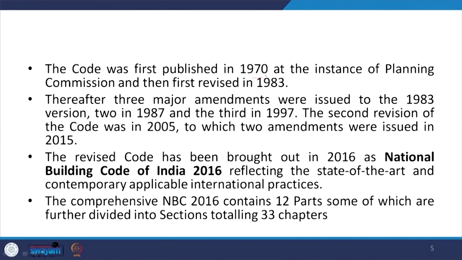Prior to this, when the National Building Code was first published in 1970 and then revised in 1983, 1987 and 1997 subsequently, none of those had any reference or any discussion about the green features or sustainable features in buildings.